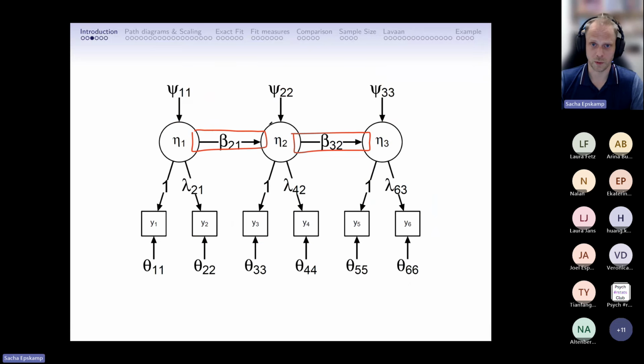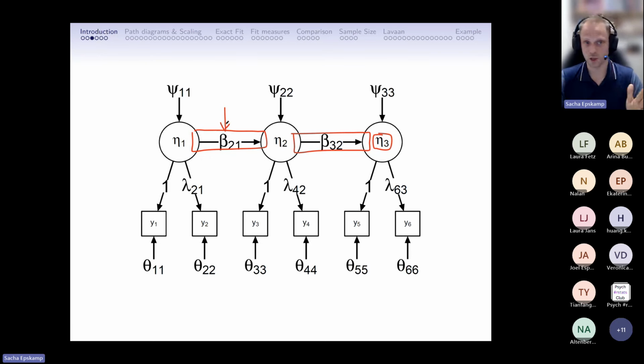If you have this castle hypothesis, we can estimate these regression coefficients directly. We don't need to first sum these and create actual factor scores in our data. We can model this structure directly and get these parameters, and then that might be what we have a null hypothesis on.